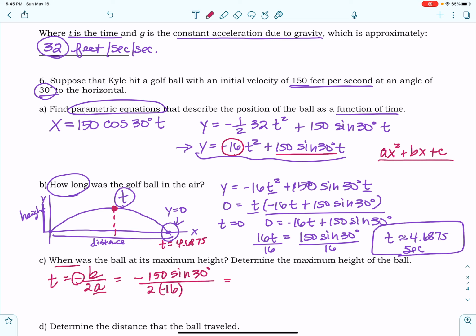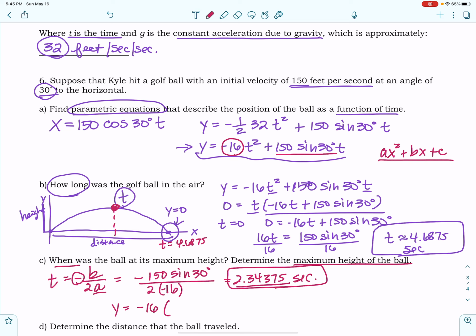Again, we're going to do that in the calculator. I'm not going to show you how to do that because that's just pushing buttons. So at that many seconds, that's when the ball reaches its maximum height. Now we are determining the maximum height of the ball. So we're finding y when t is equal to this. I'm just going to use some substitution here.